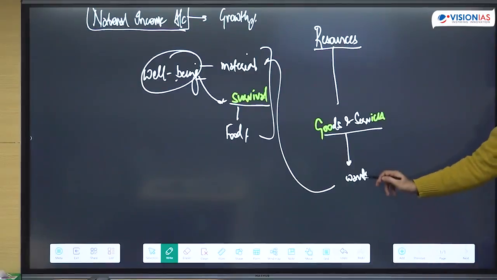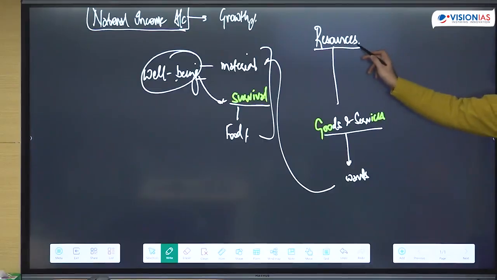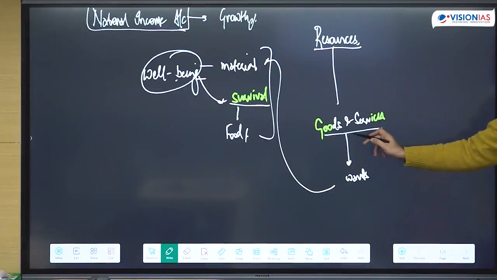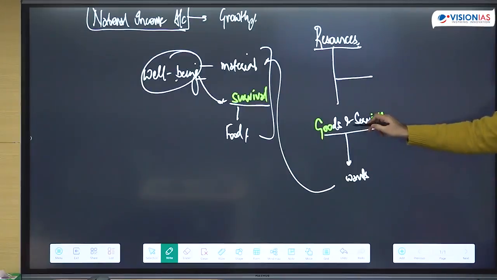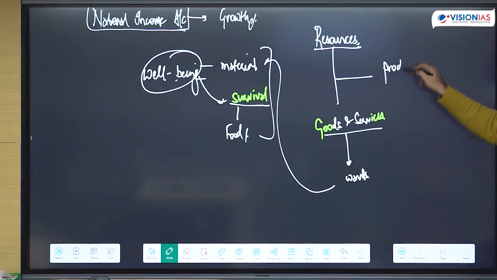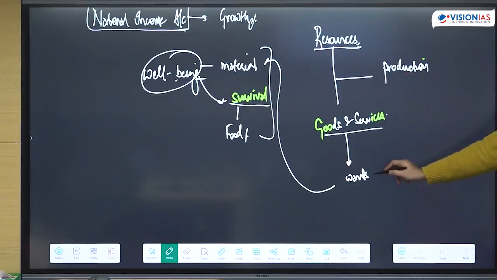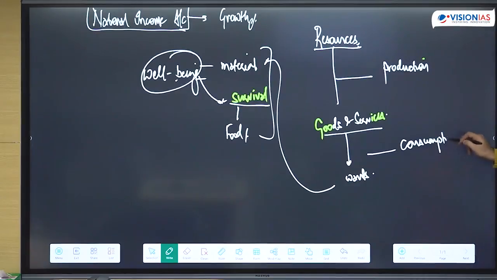In order to fulfill this want, which fulfills the want better, resource or goods or service? That means I have to convert the resource into goods and services. This process of conversion is nothing but production. When these goods and services are utilized to satisfy the wants, this is the process of consumption. तो ये production क्यों हो रही है?